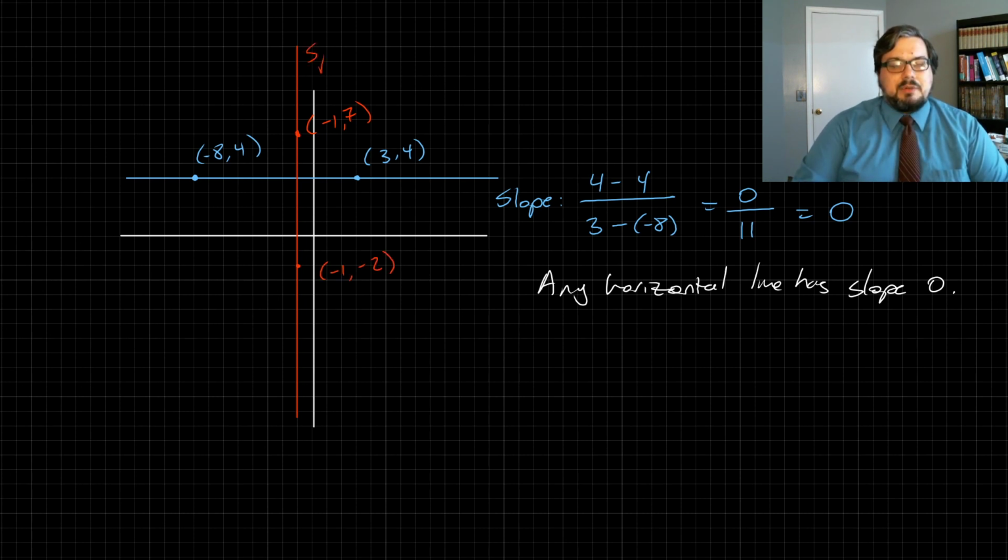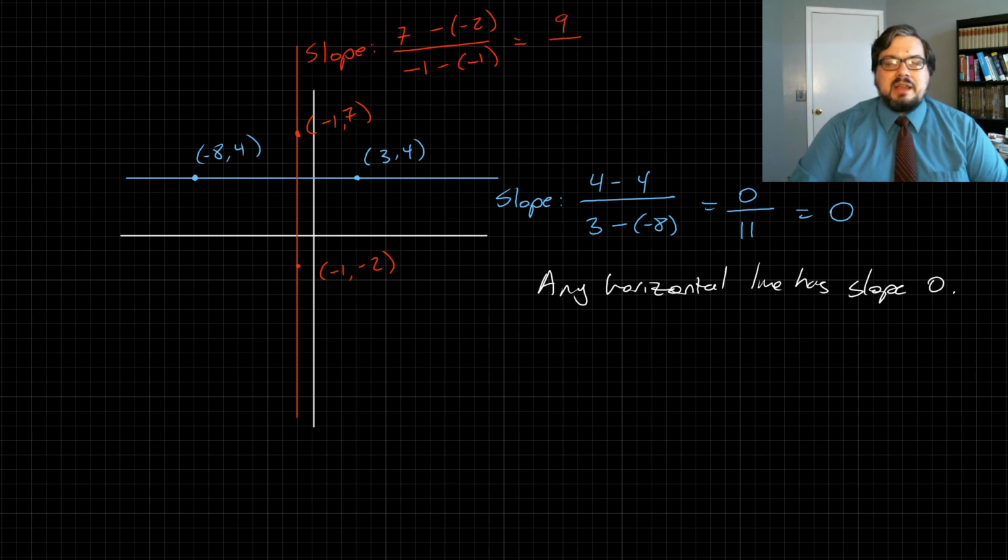And the slope of this vertical line will be the change in y's, so that'll be 7 minus -2, over the change in x's, which is -1 minus -1, which gives us 9 over 0. Well, we can't put zeros in the denominator. This is undefined.